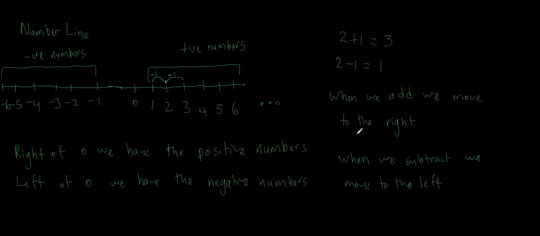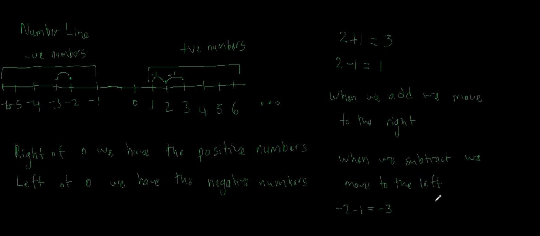Let's see this in action here with some negative numbers. So let's say I have -2 take away 1. If I'm at -2, and we say when we subtract we move to the left, so I move 1 place to the left, I would get -3.